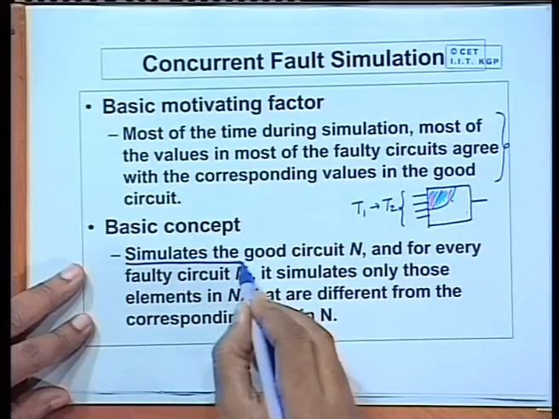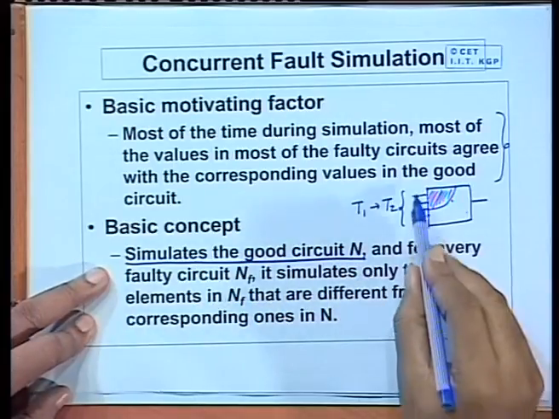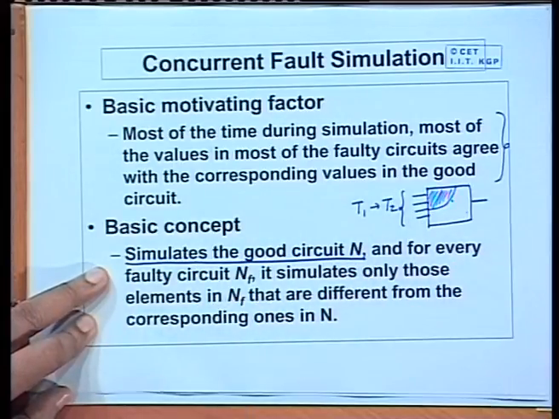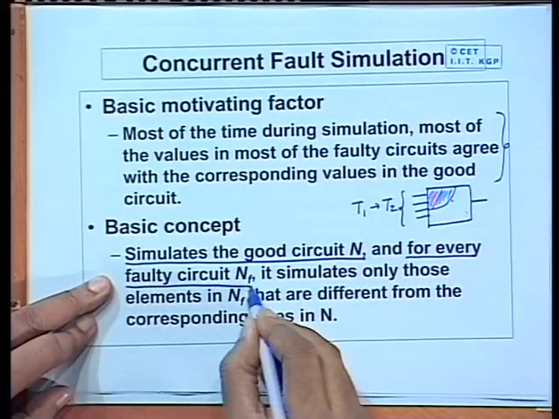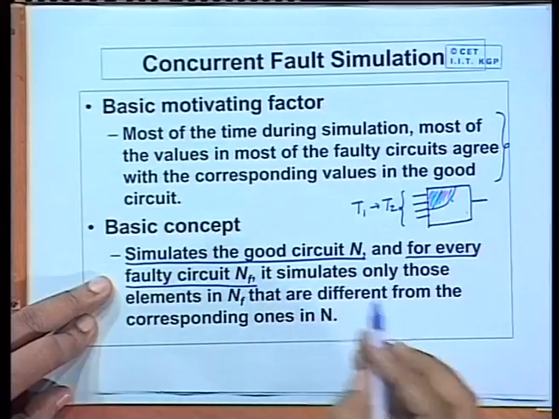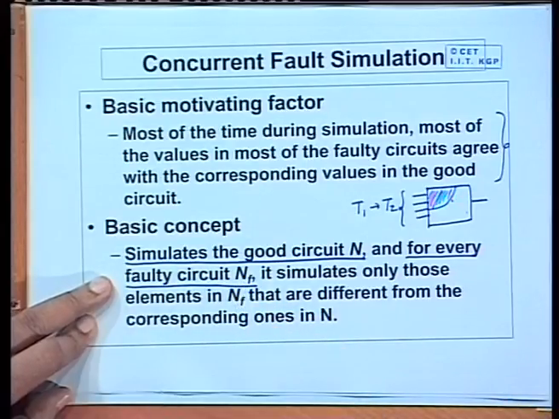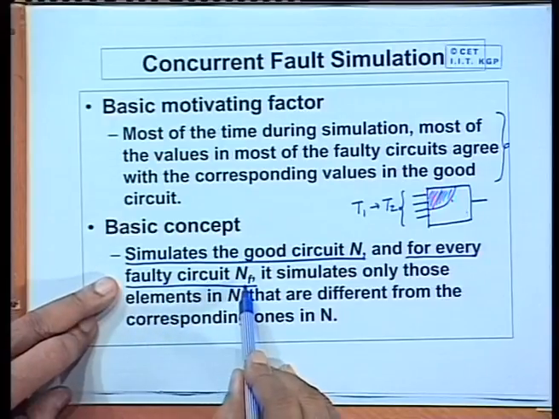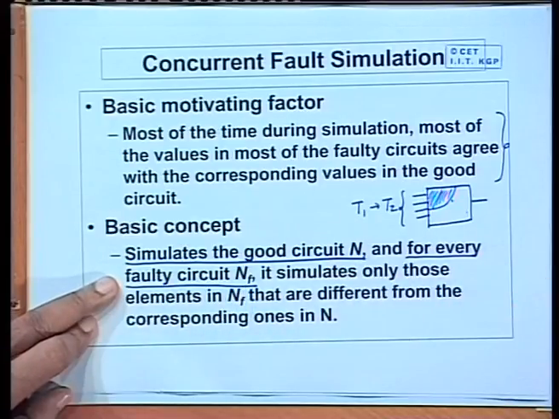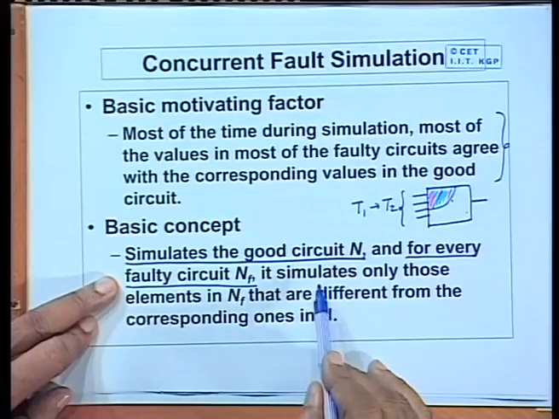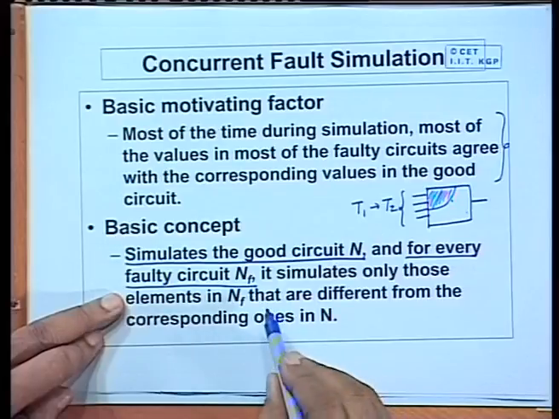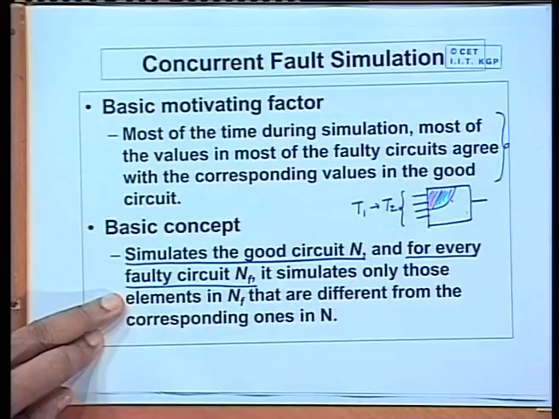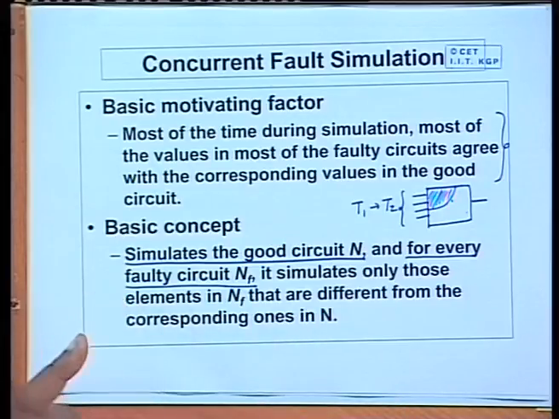We simulate the good circuit N. Simulate means we do a true value simulation, we find out the logic values, and for every faulty circuit we call it NF. If F is a fault, we call the corresponding faulty circuit NF. Now, for the faulty circuit NF, we do not simulate the entire circuit, rather we only simulate those gates or elements in that circuit for which some input output values are different as compared to the fault free ones. This is the basic concept.